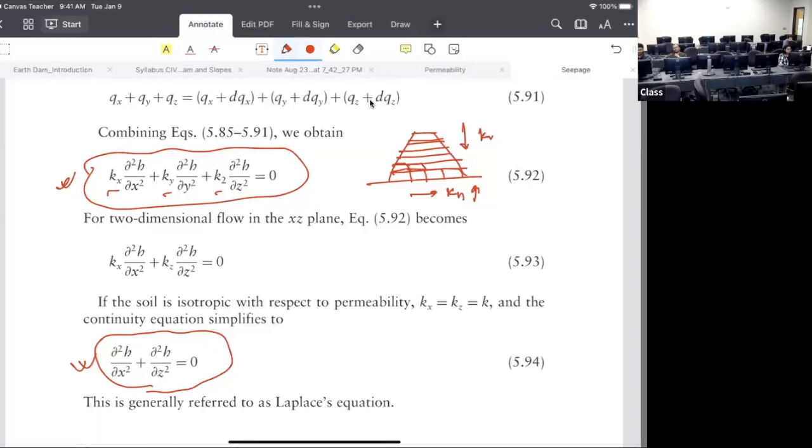Do you know a method that can solve a differential equation? ODE, PDE, partial, and Laplace. Fourier transform.